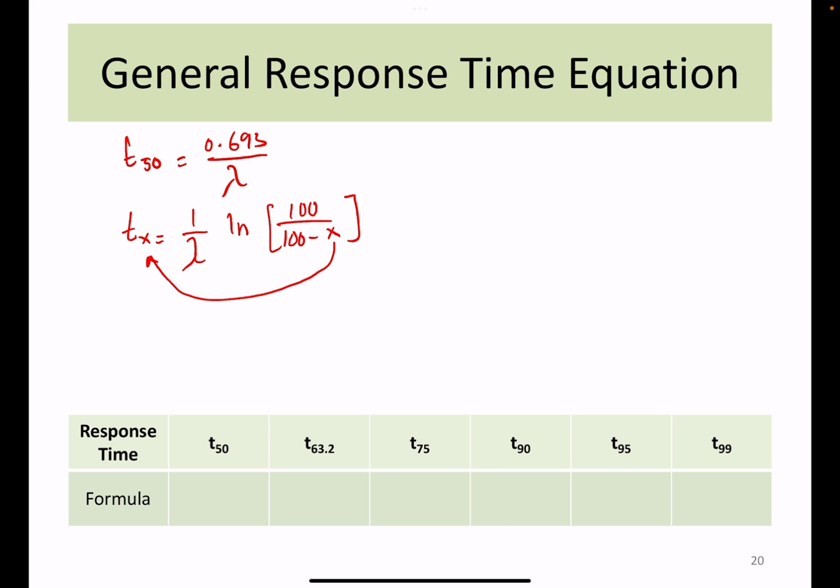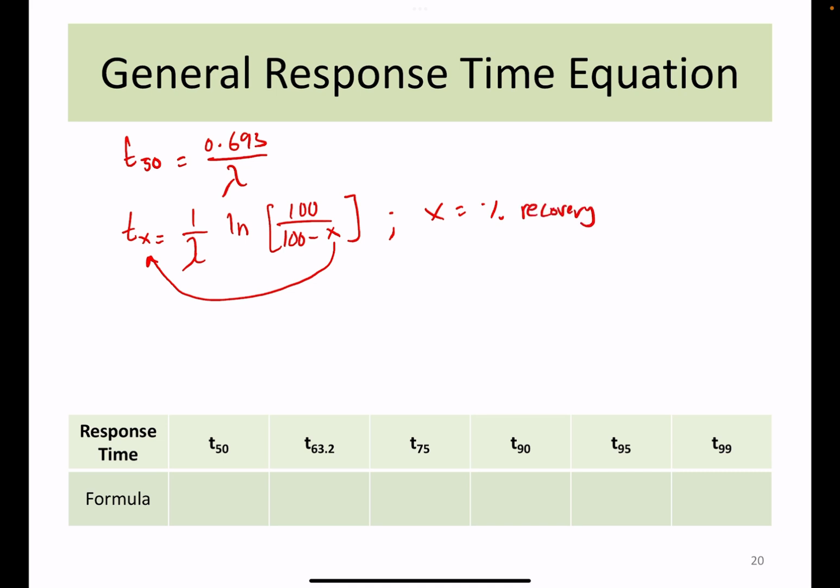So T of x will give you the time in days, but x here is the percentage: 50%, 60%, 75%, 90%, 95%. And x, very important, is equal to the percentage recovery.